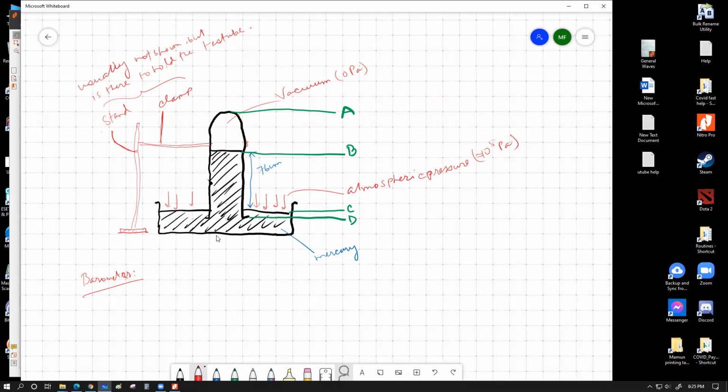Or it can contain very low pressure mercury vapor due to evaporation.